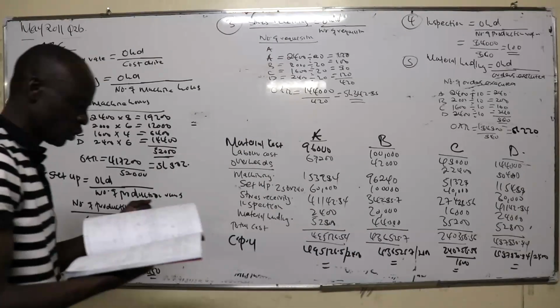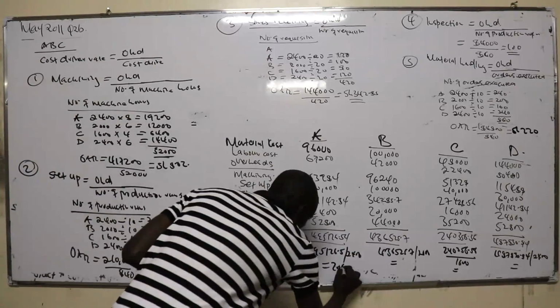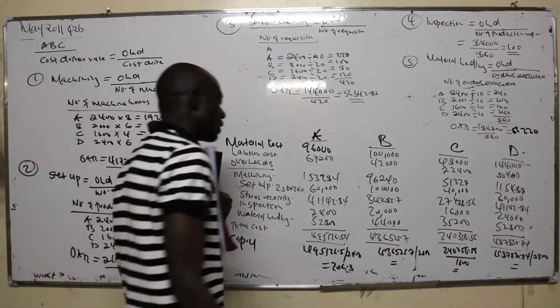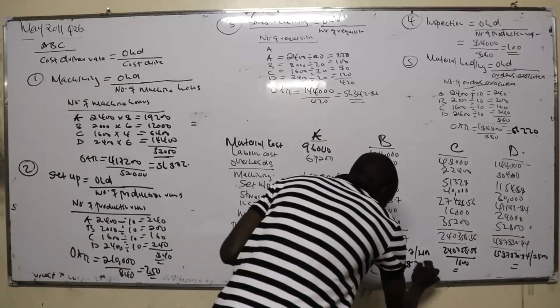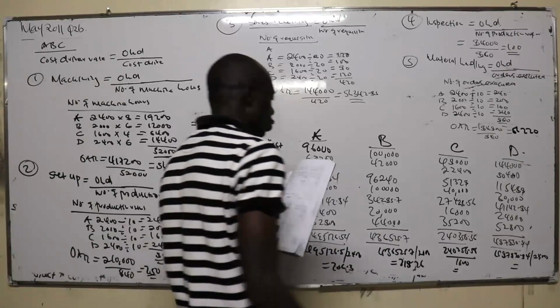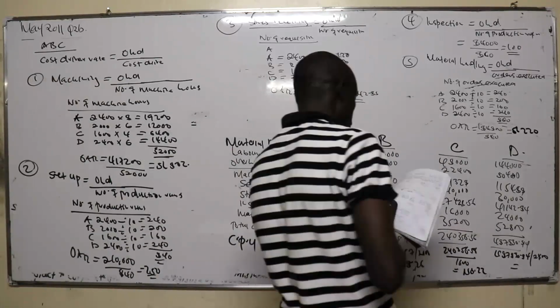The first one is going to give us 206.3. This is 206.3 per unit. The second one is going to give us 218.26. And the third one is going to give us 150.22. And lastly, is going to give 203.26.